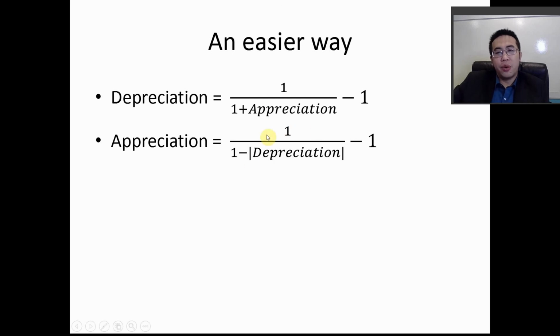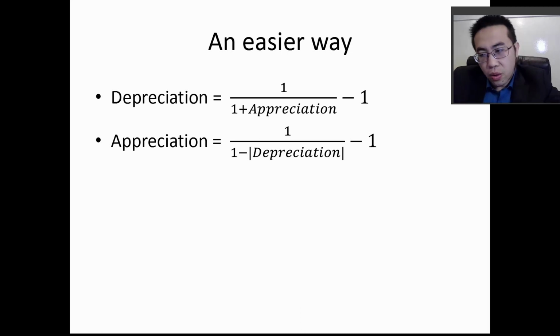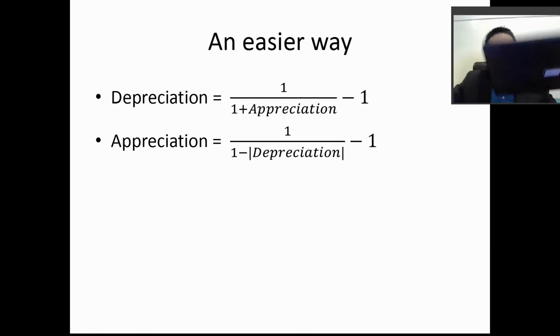So you see this part will definitely be greater than 1, and then you subtract 1, which will definitely make it a positive number. So appreciation is a positive return.